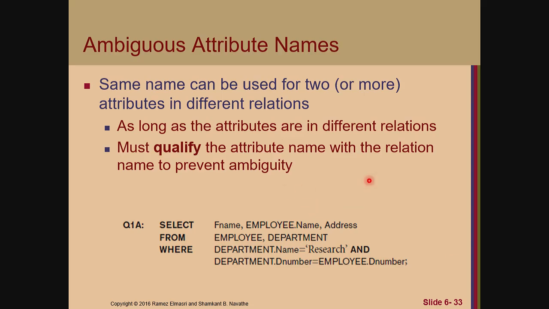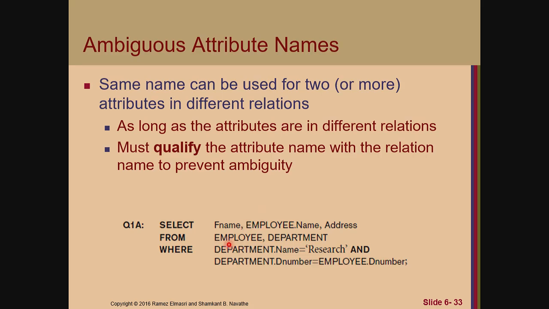I will try to understand what you're going to do. Ambiguous. Okay, nothing. Here, to reduce the confusion, they use the name of the table in front of the attribute name. Here, department is the table name, right? Dot name. This means we use the attribute name from the table department. But here, they show in the result table the name not from the department but from the employee table.